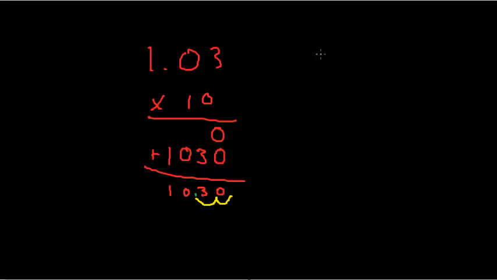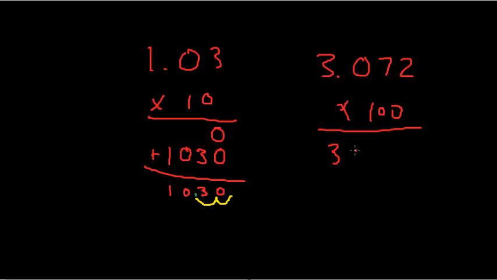So for example, 3.072 times 100, all I will get is those same numbers, 3072, and then my decimal point will have moved 2 places to the right, right here. So 3.072 times 100, I get 307.2.